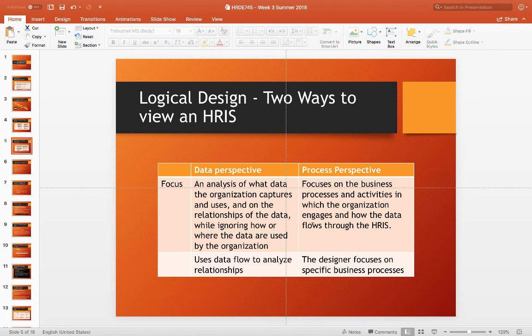It's not necessarily an HR process, but it is a business process. So you're analyzing how the data flows through the HR system to support a business need. So those are the two ways to actually look at the logical design.